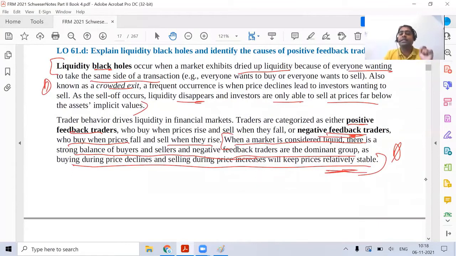This point means that negative feedback traders bring stability to the market. Do you all agree to that? Because positive feedback traders will push the market in a particular direction. Only the negative ones will bring stability. Fairly simple. Now these two concepts, or these two paragraphs, are important for the exam.